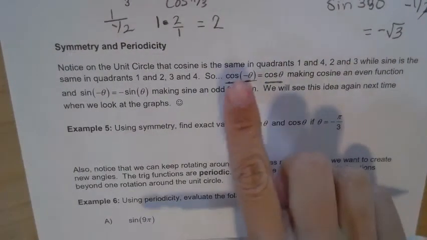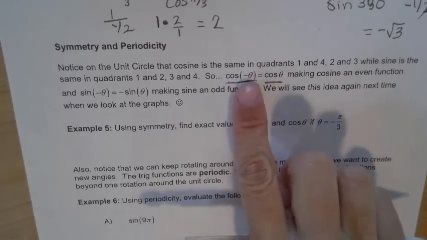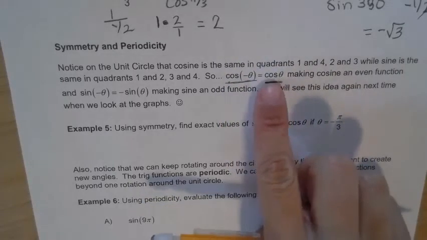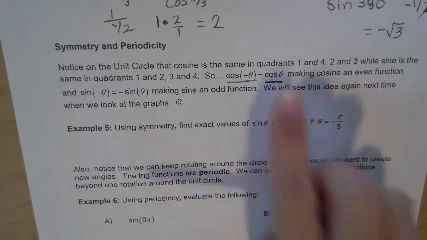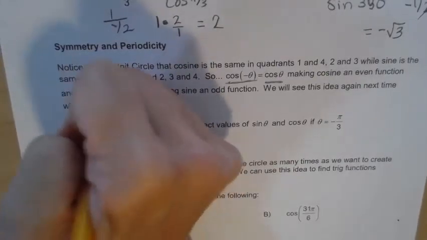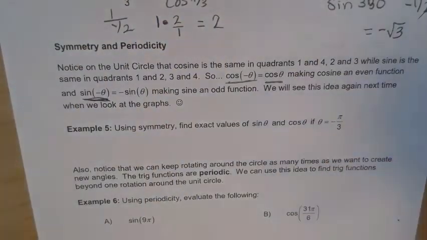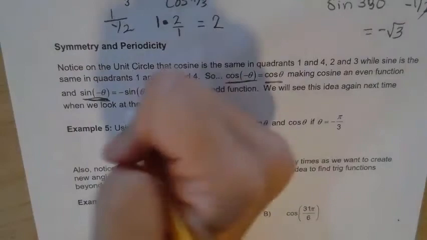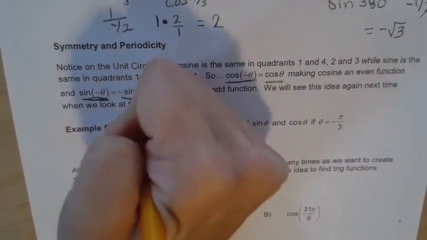So example, if we were saying cosine negative 30, it would be the same thing as cosine 30. Whereas sine, if we say sine of a negative degree, then we would have negative sine of the degree.